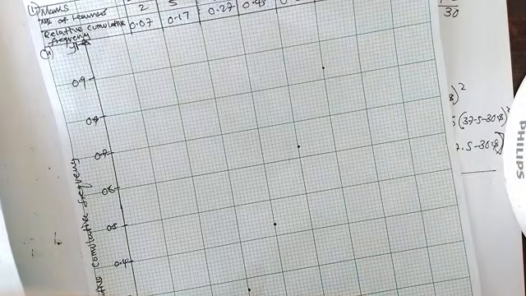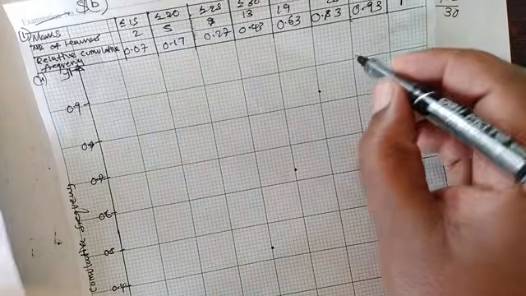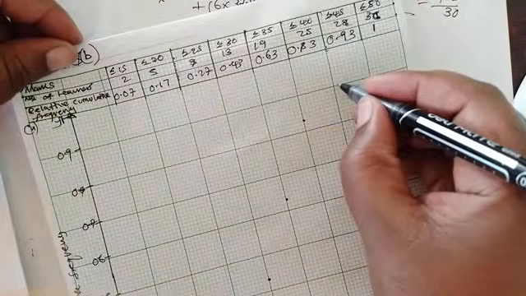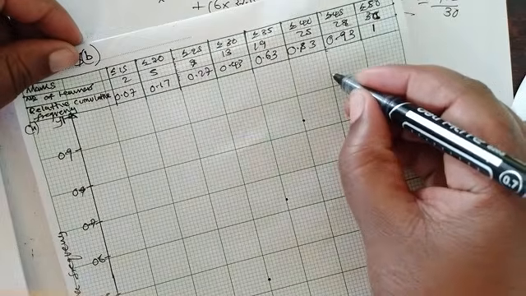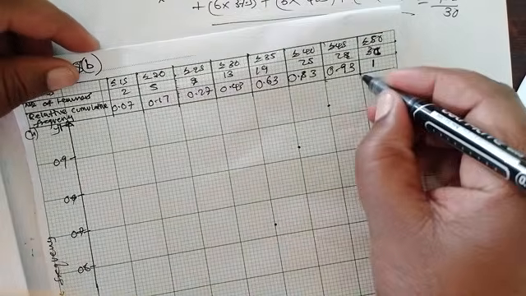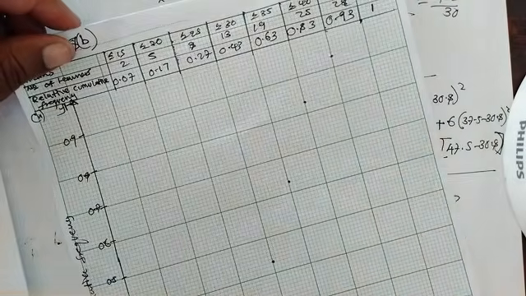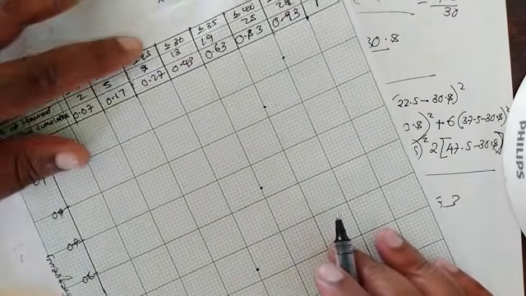Alright, then 45, 0.93. This is 9, 1, 2, 3 here. Then 50, 1, this point. So what you do is now you draw a smooth curve, alright, from this point.